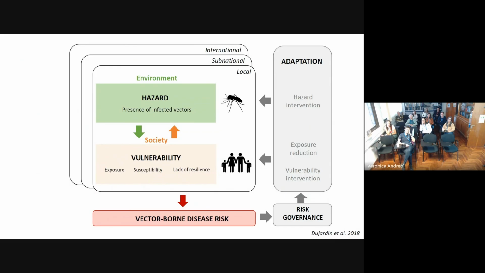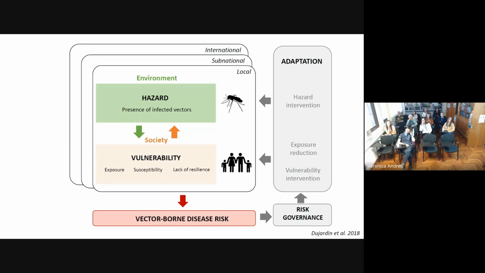The first is the hazard, which we see as the presence of infected vectors. It will mainly be environmental variables like climate and vegetation that influence the distribution of mosquitoes or any other vector, but also the distribution of the parasite or virus, depending on the disease.